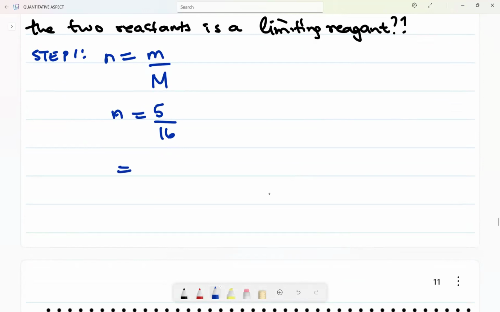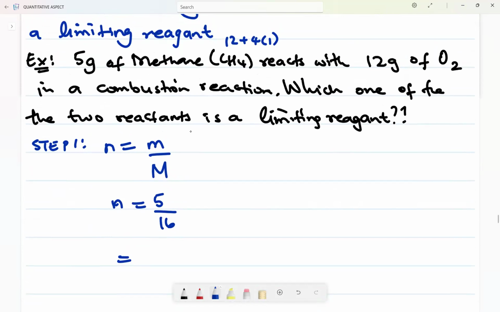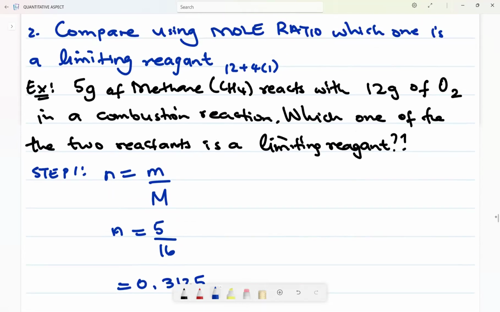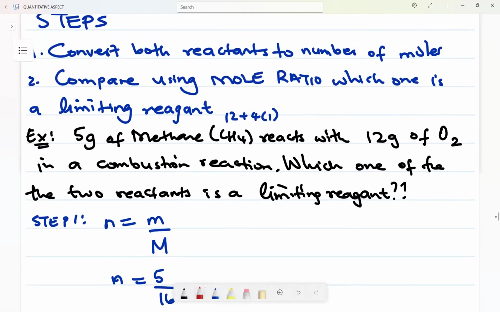Let me quickly use my calculator. We have 5 divided by 16. It gives me 0.3125. Let's assume that the balanced equation for this reaction is CH4 plus O2 produces CO2 plus H2O.